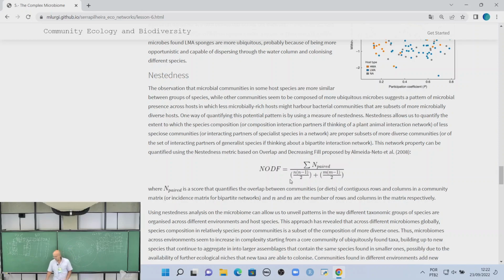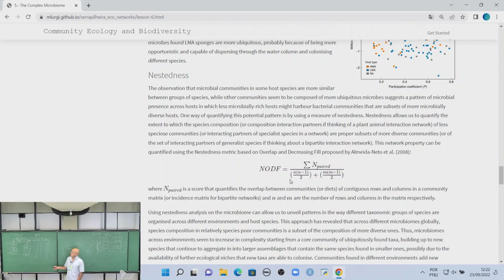So nestedness is calculated using, there are different metrics to quantify it, but this is an example of one, which is called nestedness based on overlap and decreasing fill. The decreasing fill part relates to how these rows and columns are filled in the matrix.